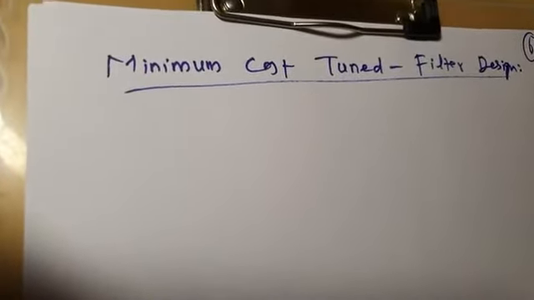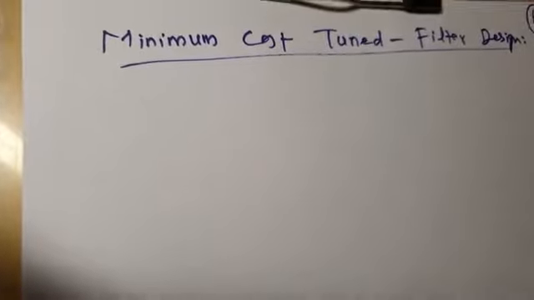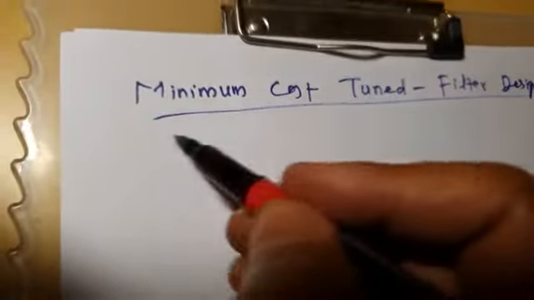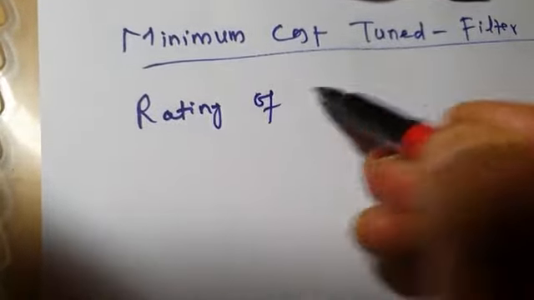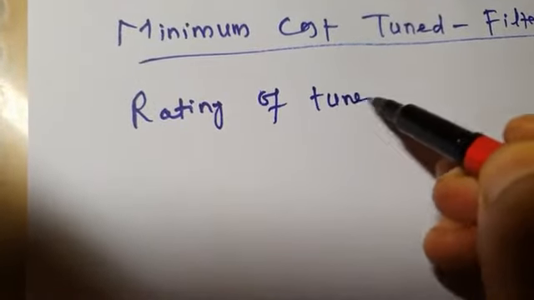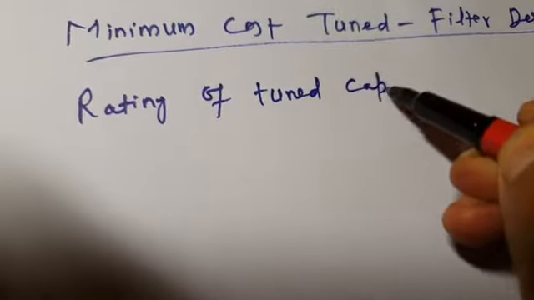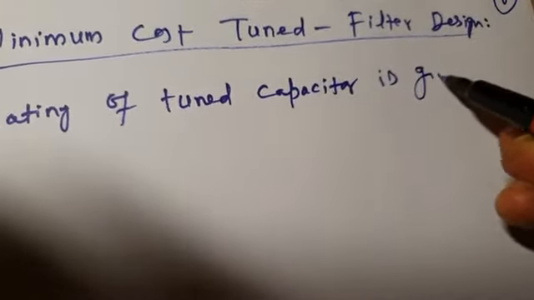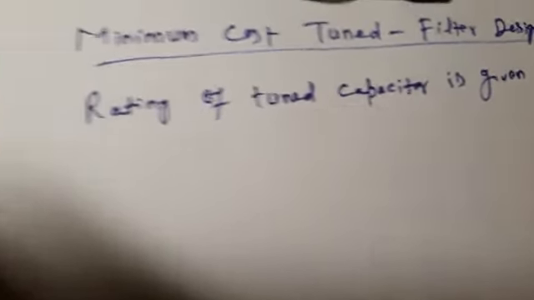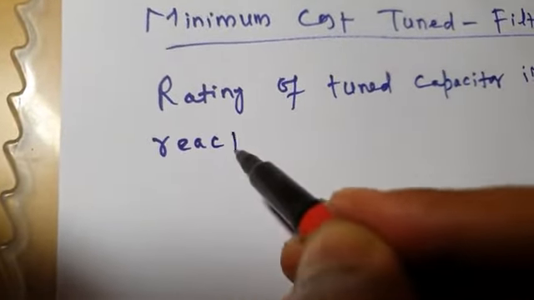See, your filter has a capacitor and it has an inductor also. So I will write here: rating of tuned capacitor is given by the reactive power generated by it.